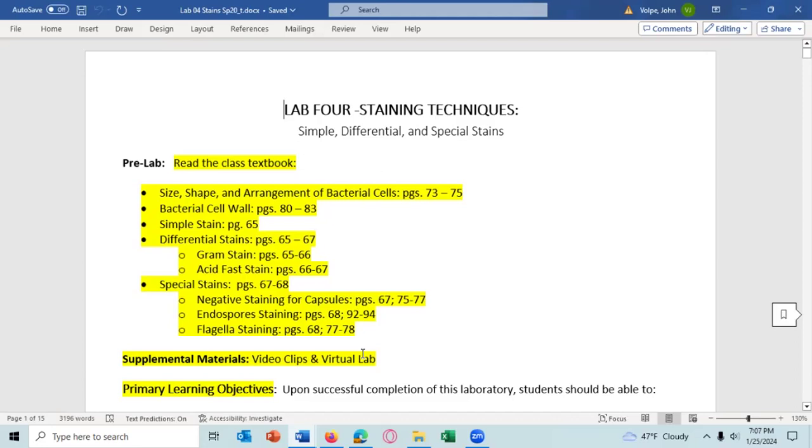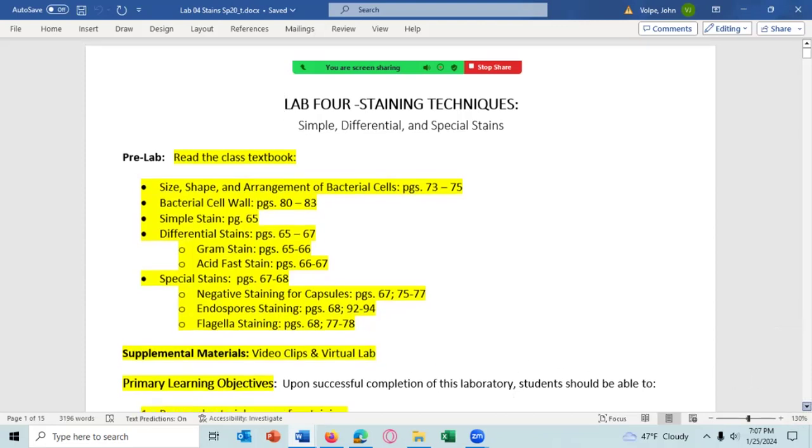We're going to talk about the stain for staining endospores and the stain for staining flagella. Now, all of these are just a couple of pages to read. This one's only 1 page. That one's only 1 page too. In today's lab, there are video clips and a virtual lab.